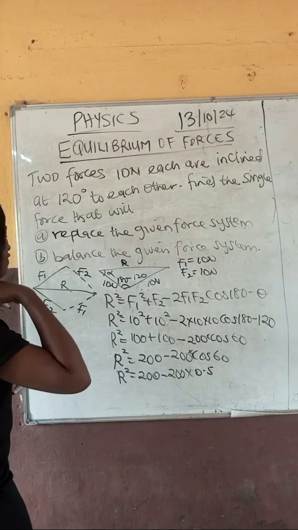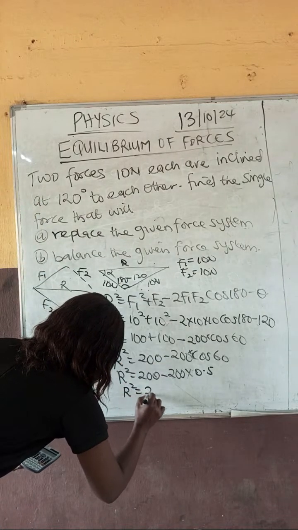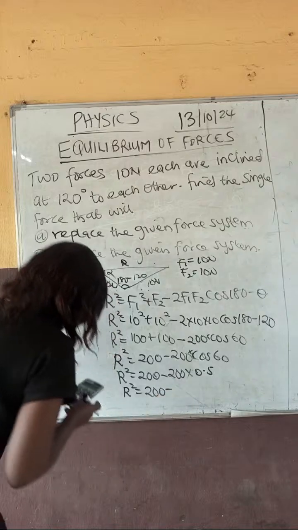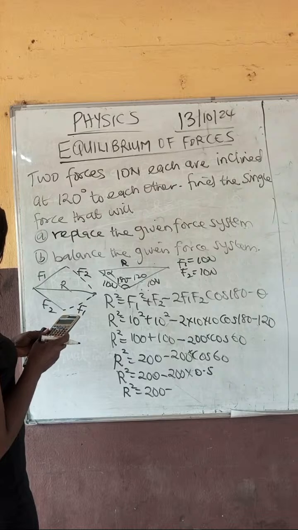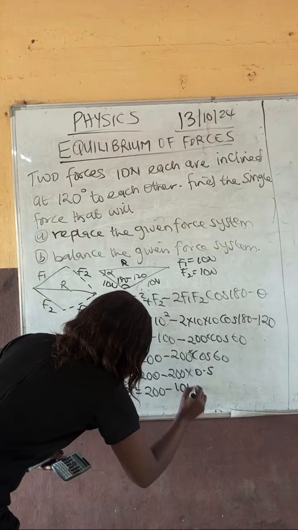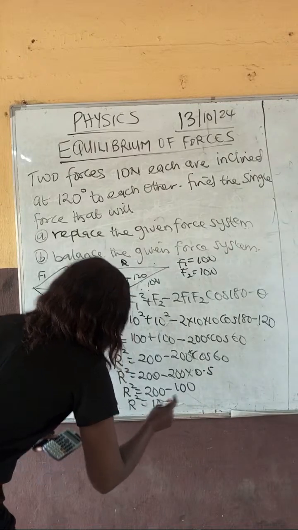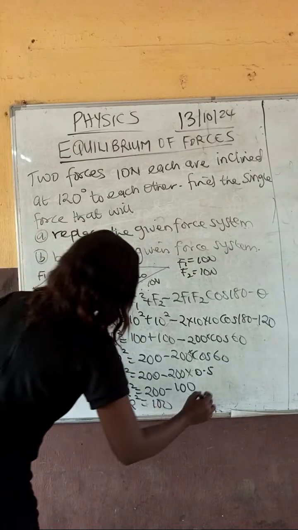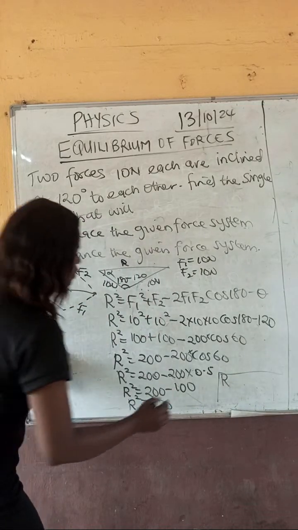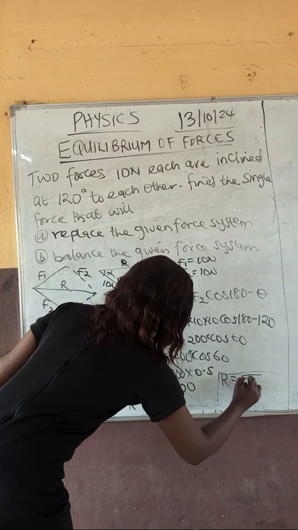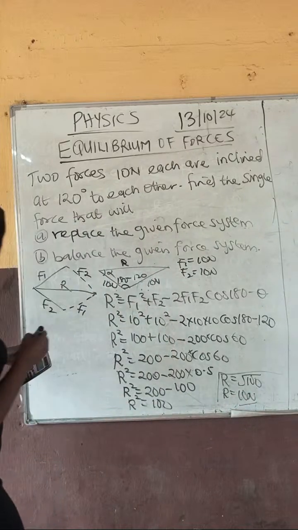Now you multiply 0.5 by 200, and we have 100. So R square is equal to 200 minus 100, which gives 100. So for my final answer, I take the root of both sides: R is equal to root of 100, R is equal to 10 newton.